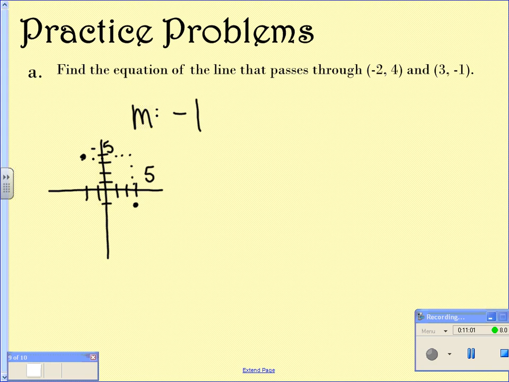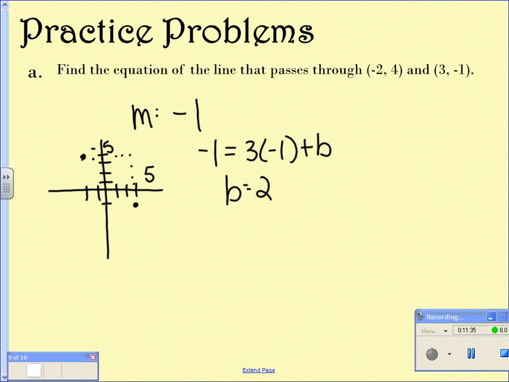Oh, that'd be why. That'd be where the other 3 came from. All right. So what would you do after you get your slope? Which point? Right? Or you would have 4 equals negative 2 times negative 1 plus b. What would you get for your b?